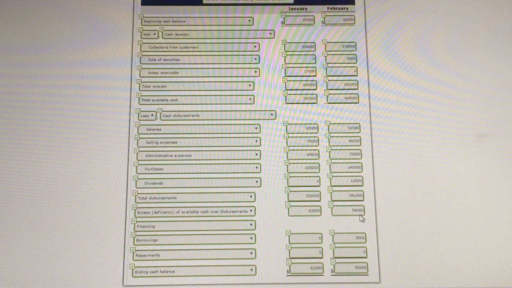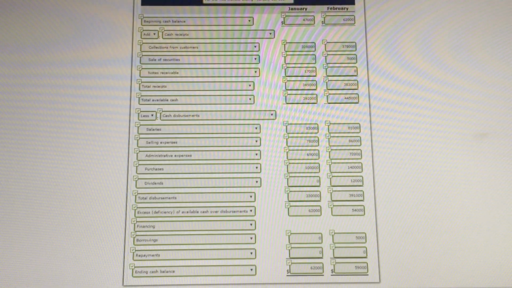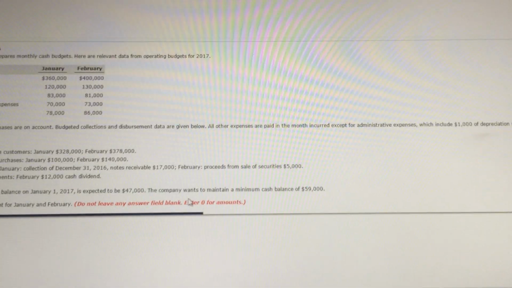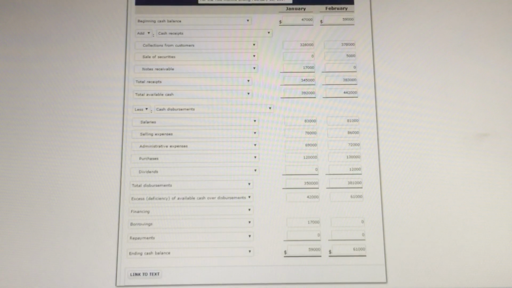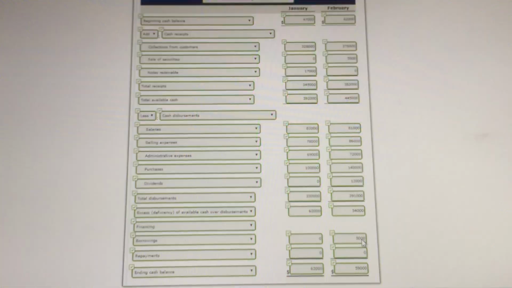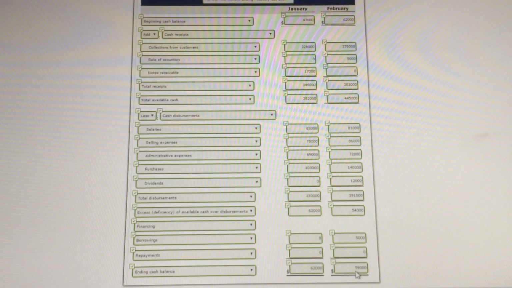Now remember, they said that they wanted the $59,000. The company wants to maintain a minimum cash balance of $59,000, and we only have $54,000, so we have to borrow. So we're borrowing $5,000. We don't have any repayments, so we got zero there, and we have a total of $59,000 at the end.